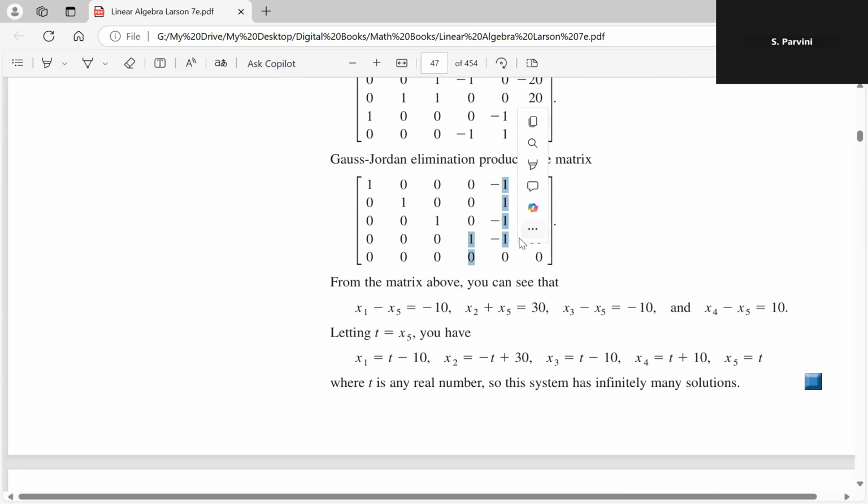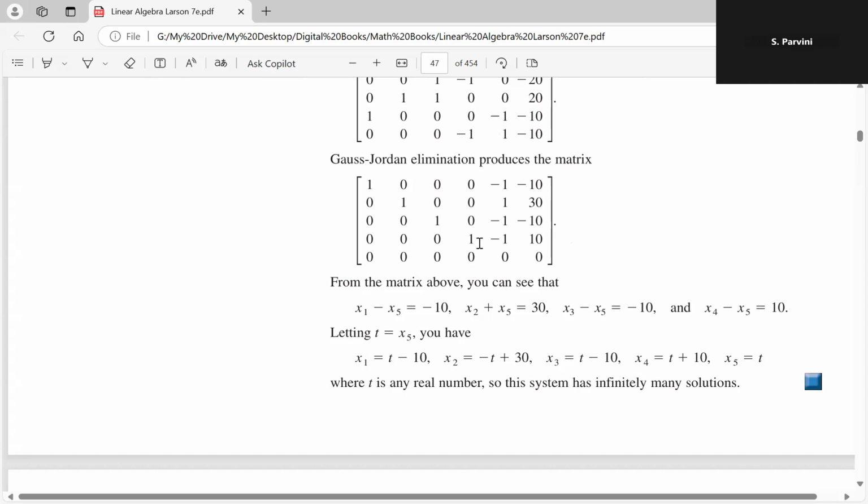What's the equation for the fourth row? It tells us we have a free variable, x sub 5. Good. This one says x sub 4 minus x sub 5 equals 10.